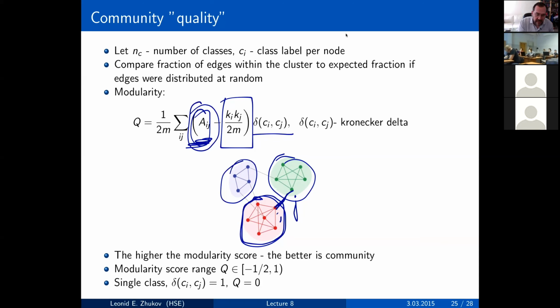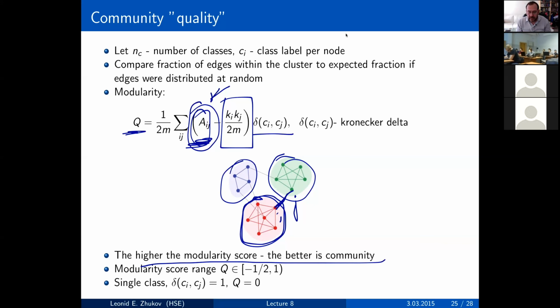And this is how many edges we do have. And so the idea is that the modularity score will tell us how many more edges we have within the cluster compared to if there were no cluster there, if we just had random connectivity. And in this sense, the higher the modularity score, the better the communities, or the more modular things are.